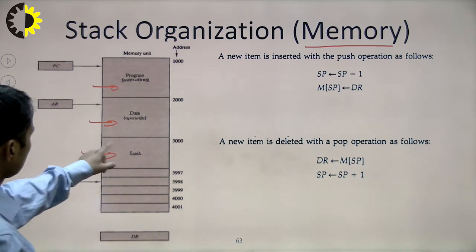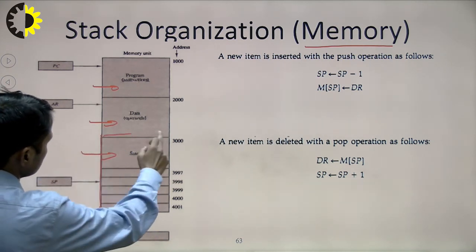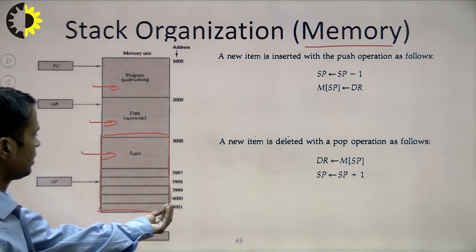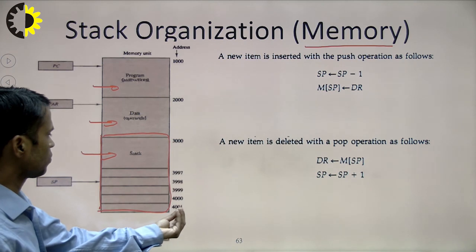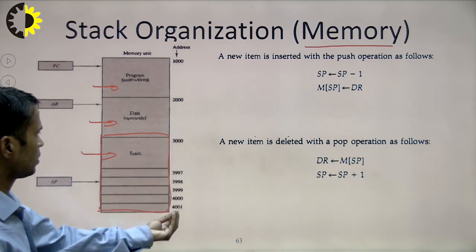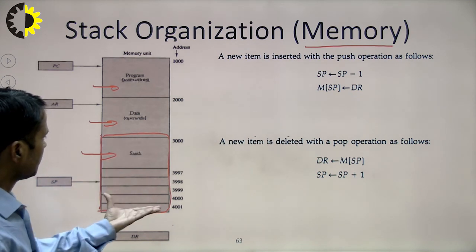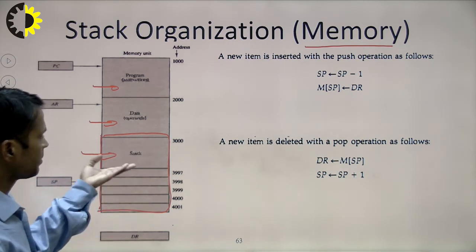The area considered to be stack memory has memory locations from 3000 to 4001, so around 1000 stack elements can be stored here.